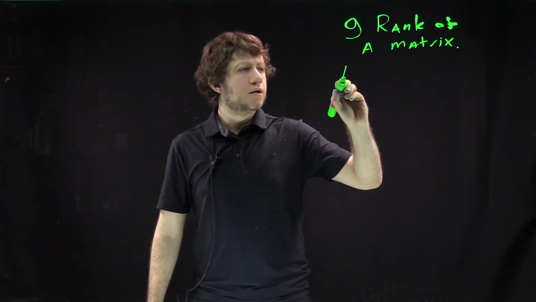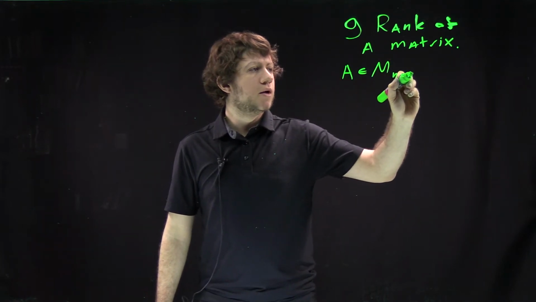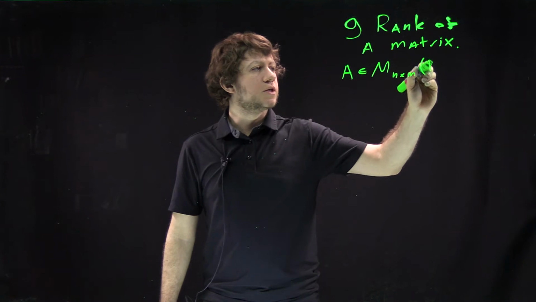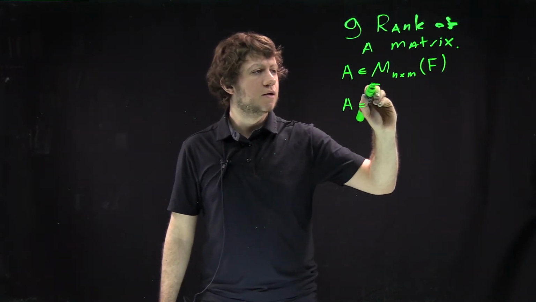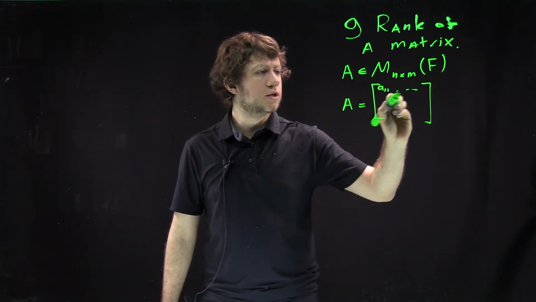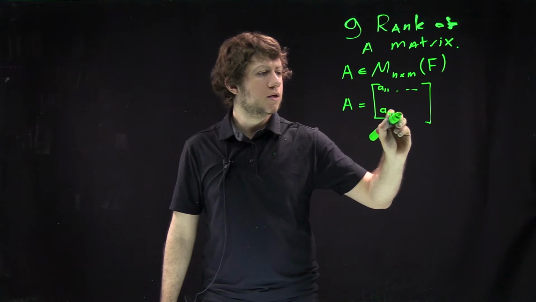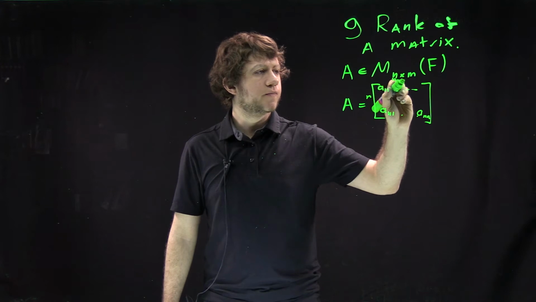So let A be a matrix of size n by m over a field F. So basically this A is something like this, with coefficients a11, up to a(n)(m), an n by m matrix.